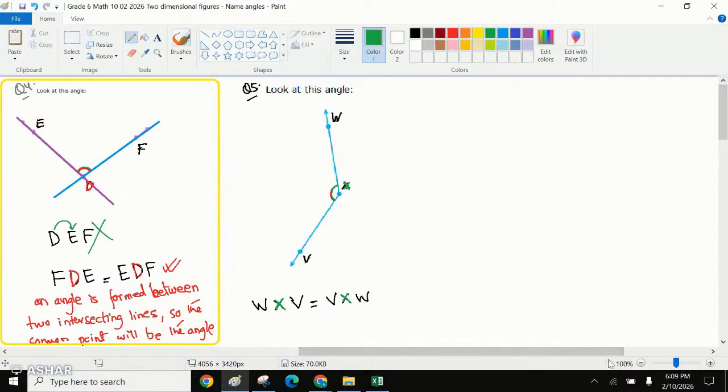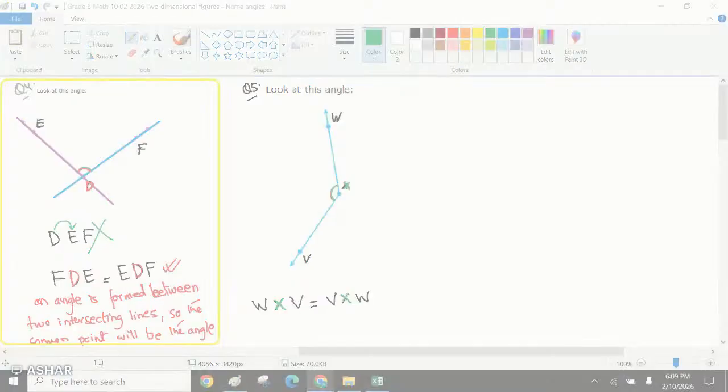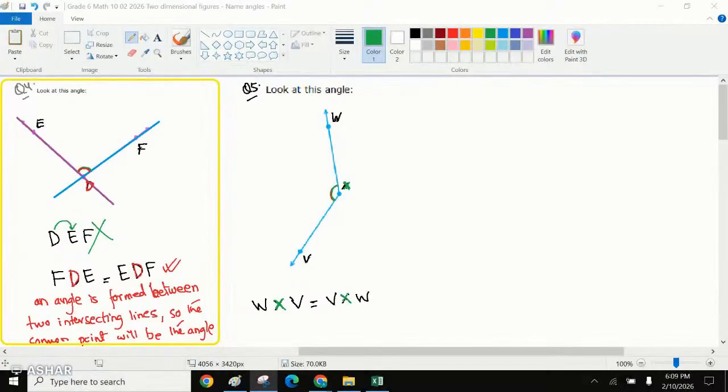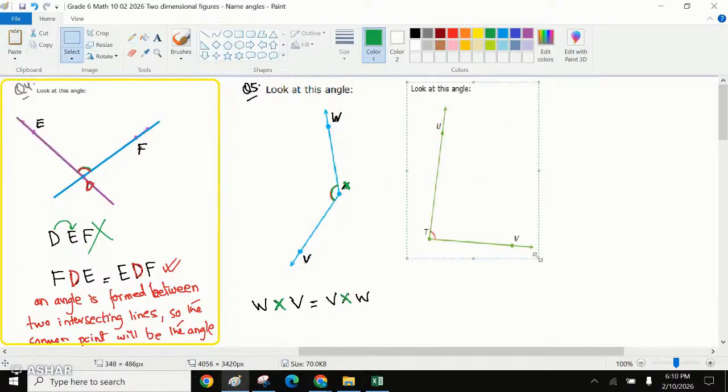Moving ahead to the next. Later on, we would see maybe if we have a triangle, a square, a rectangle, any shape, then we'll see how to identify. Yes, thank you, Ashik. Yes, as long as the given vertex is in the center. Okay.